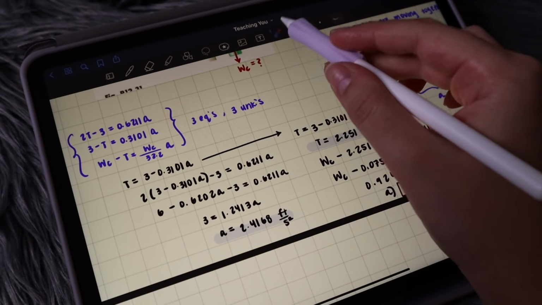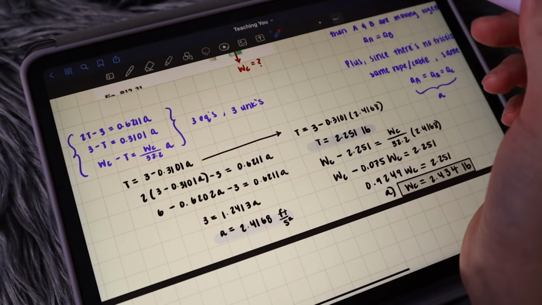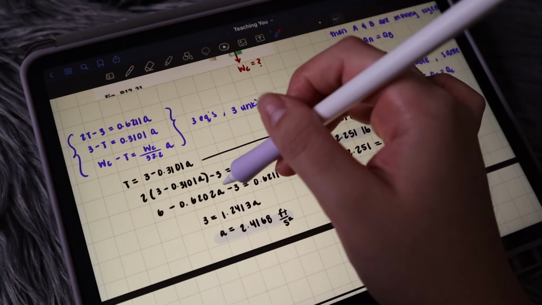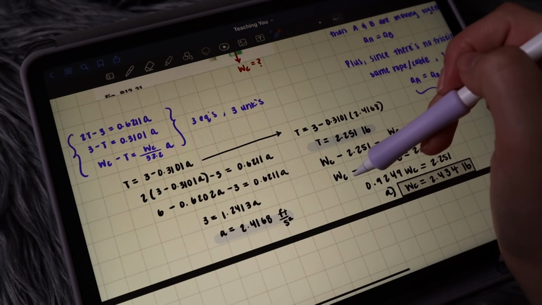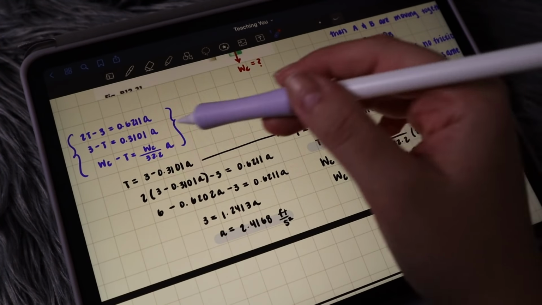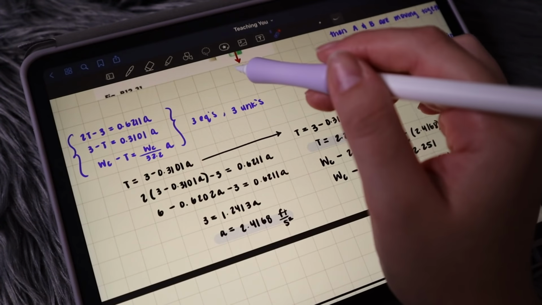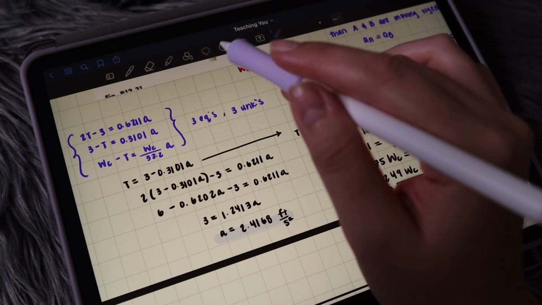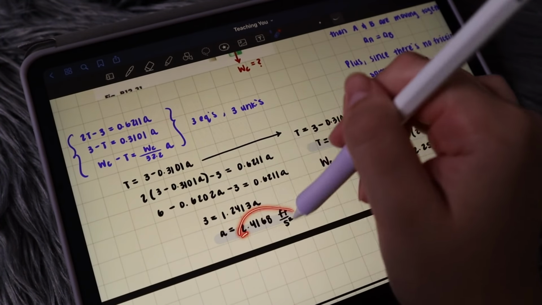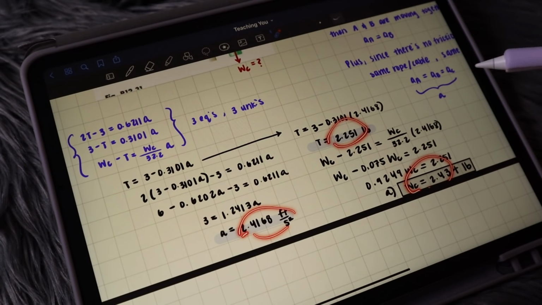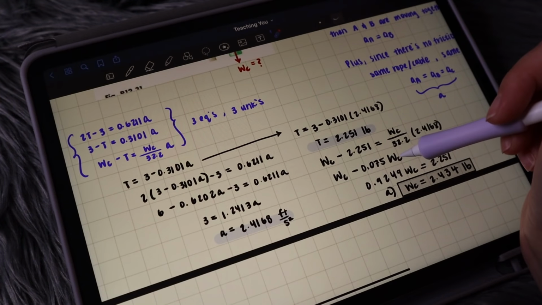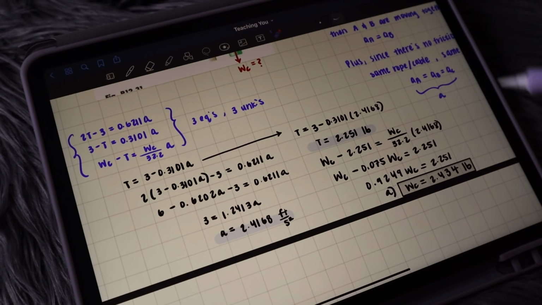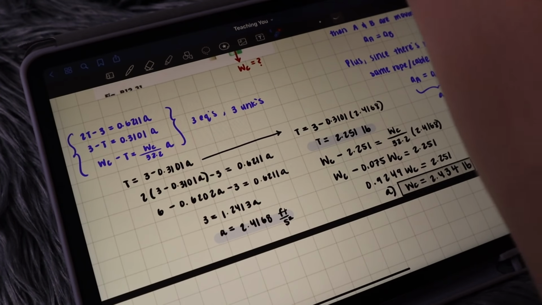So this part is a little annoying because you have to substitute and plug in. I tried doing this in my calculator, plugging in the equations like this, but I don't think I plugged it in correctly, so I didn't get these answers. So I just wanted to do it by hand just to make sure. But if you're more comfortable plugging it into a calculator, you could go ahead and do that.